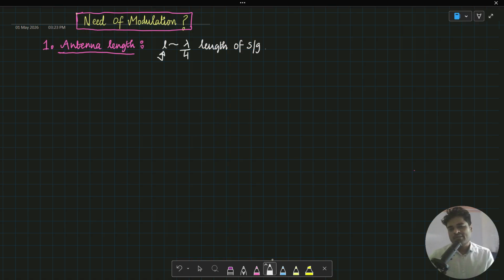You can easily see that if lambda is very large, let's say we have a message signal and the frequency content of this message signal is of the order of kilohertz.